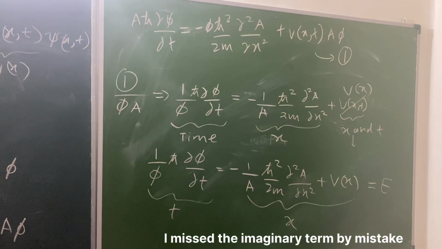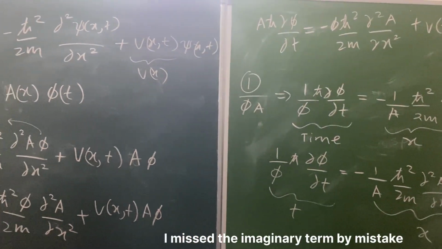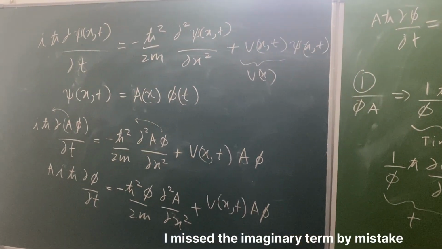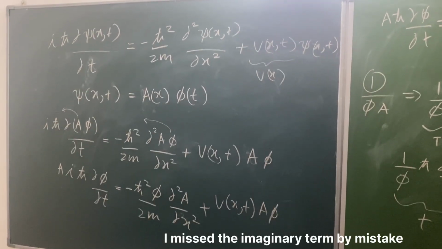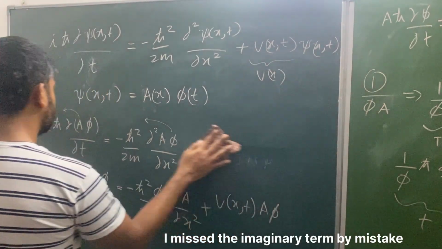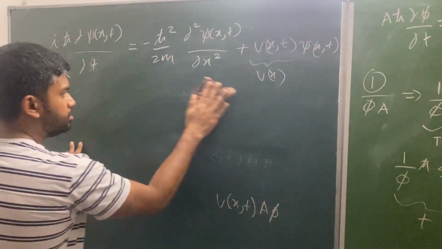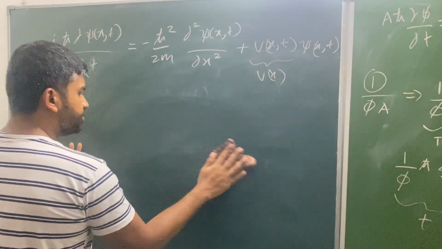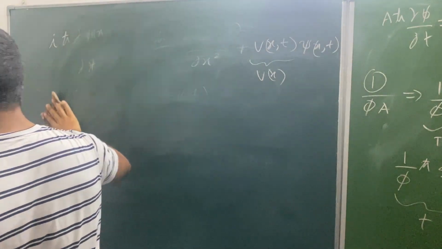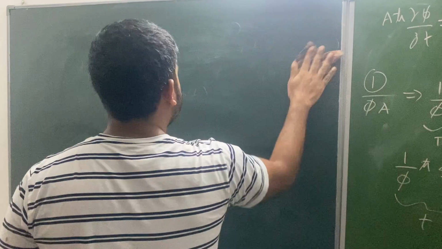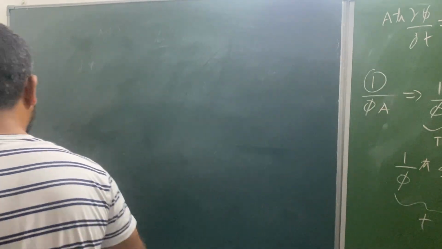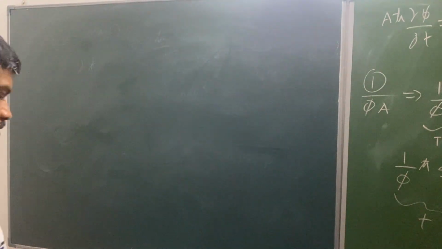Okay, nice. Now I need some space. Let me go ahead and write something very important. Now we have two important, yet powerful equations. The equation number one is this equation.